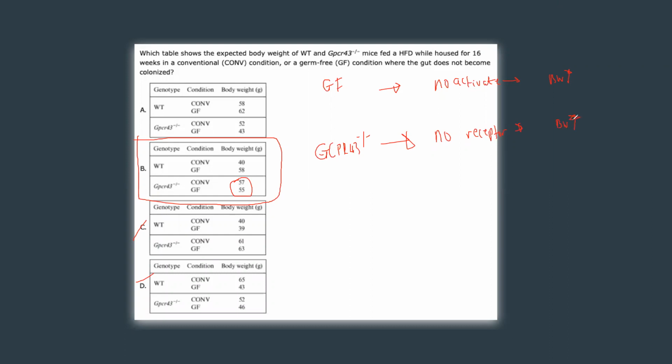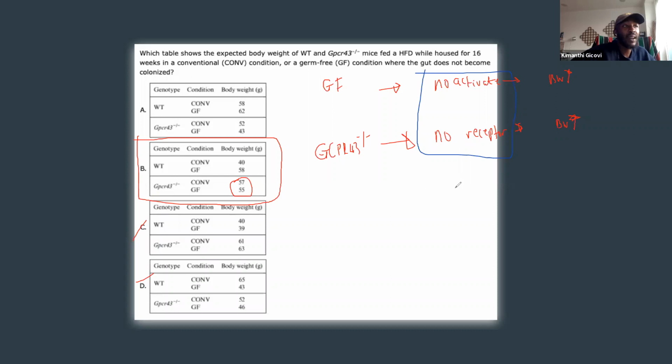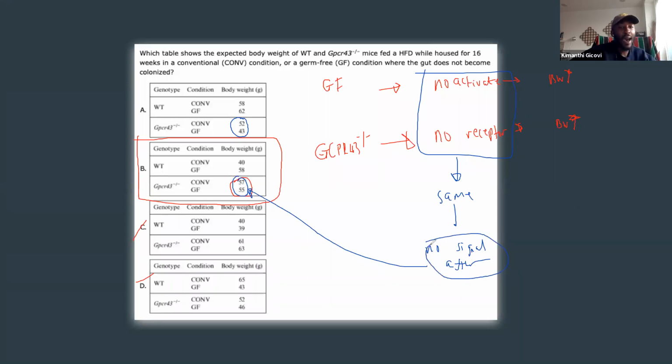So if the body weight went up in both conditions, isn't it kind of like saying that if you don't have the germs and you don't have a receptor, it's kind of the same because there's no signal after? Mm-hmm. Therefore, the answer is this, because you see how it's 57, 55 compared to 52 and 43 here? Yeah. The reason being that no signal was sent after.